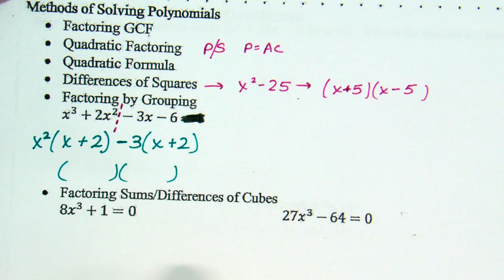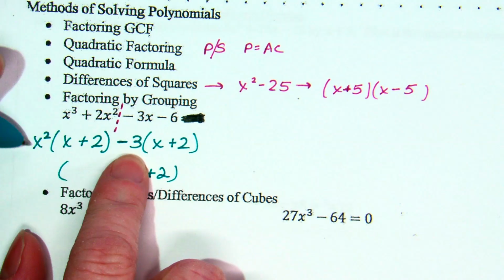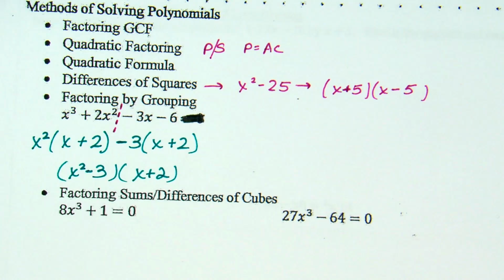There is an x plus 2 in common. So one of the parentheses is just an x plus 2. And then what are the other two pieces here? My GCFs of x squared minus 3. So you'd have parentheses of x squared minus 3 and x plus 2. Okay?